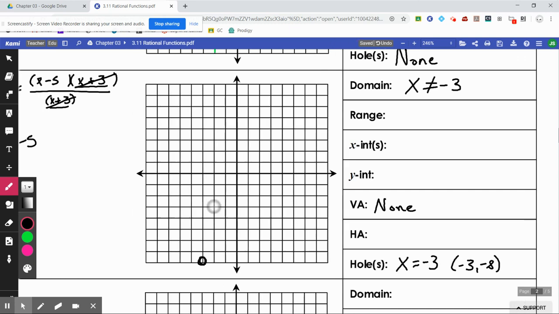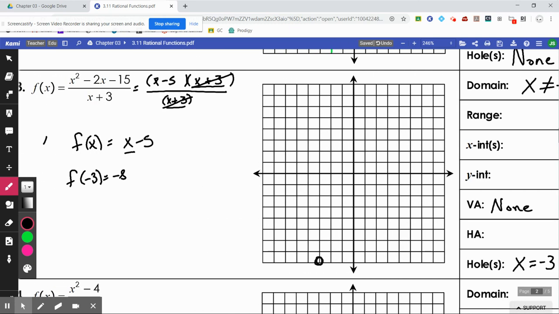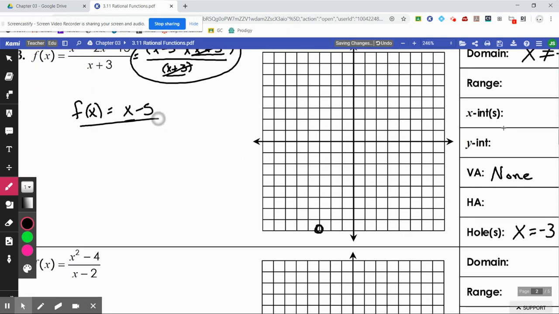And from there, let's go ahead and find our x and y intercepts, but I'll show you the easy way of doing this. Once you remove that discontinuity, you don't have to use this anymore. We can now use this, and just remember it's going to have a hole in it. To find our x-intercept, we plug in 0 for y.